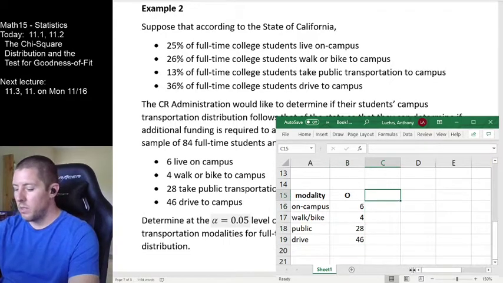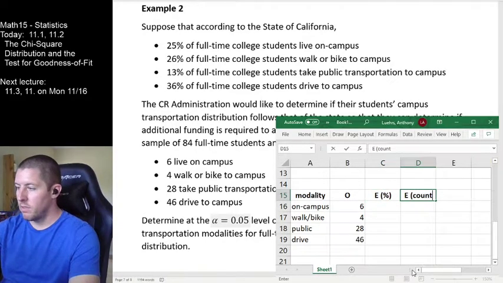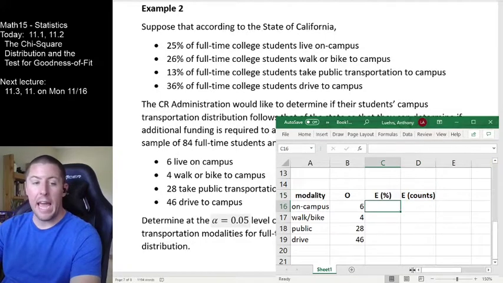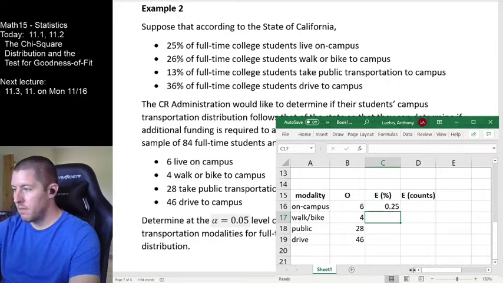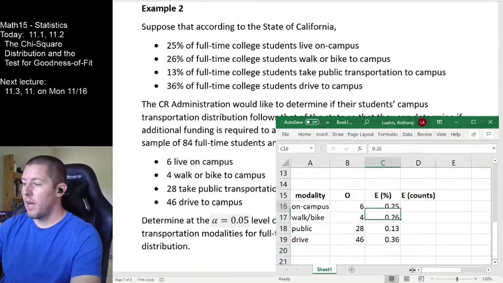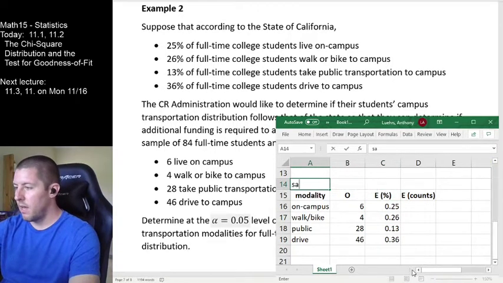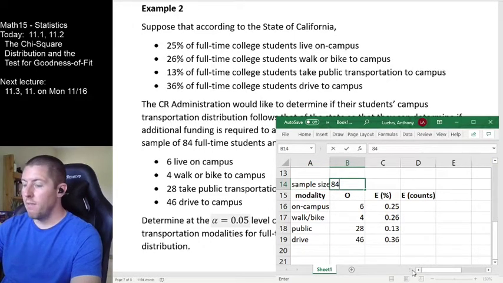What we want to know is our expected as a percent, and then we'll get our expected as counts, which is really what we need. I need to know the count of the expected observations. So my expected percents were 0.25, 0.26, 0.13, and 0.36. Notice what's going on here, and maybe I'll do the sample size, and our sample size in this case was 84.